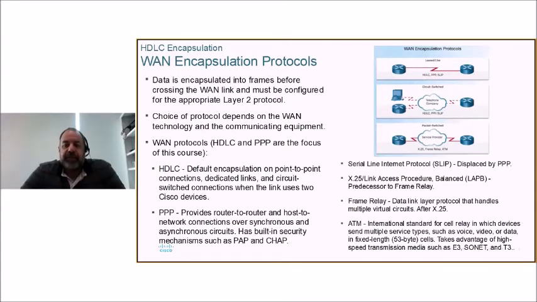Now, there were some other protocols about. So SLIP, or Serial Line Internet Protocol, was replaced by PPP. That was actually how you used to dial up back in the dark ages, using SLIP. It was fairly slow. X25, I think, comes from back in the 60s or maybe 70s.